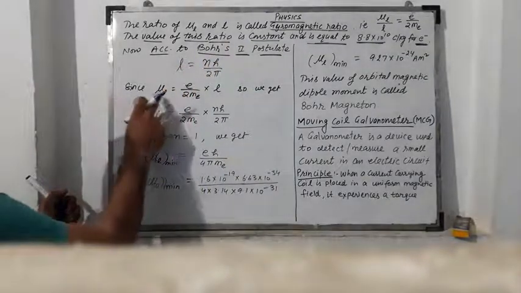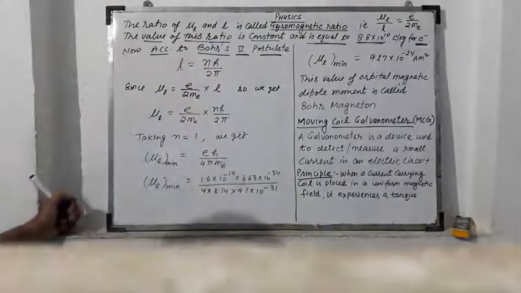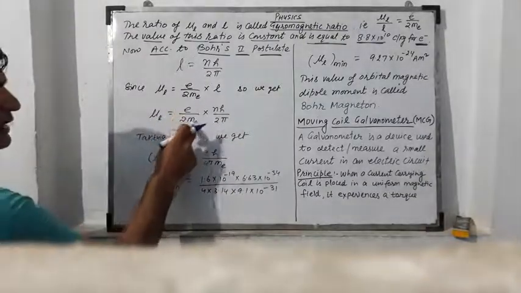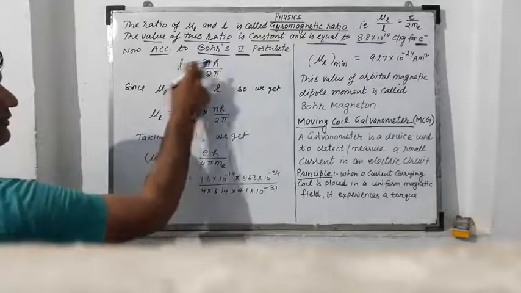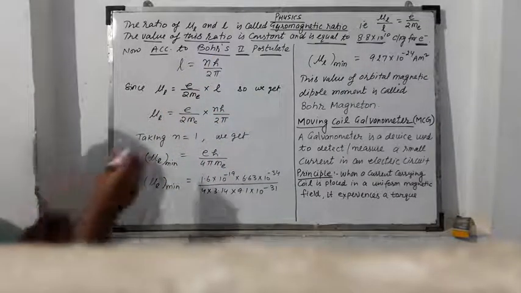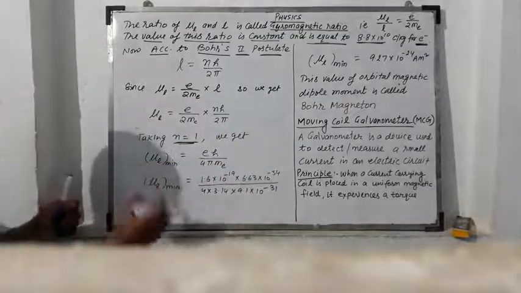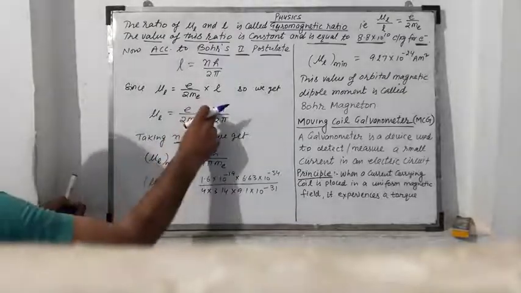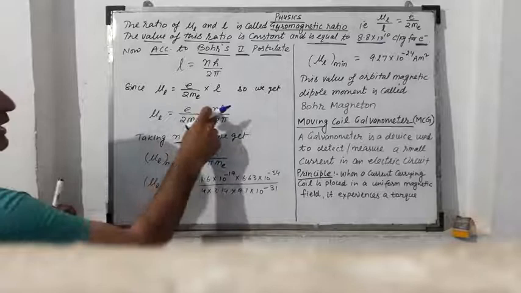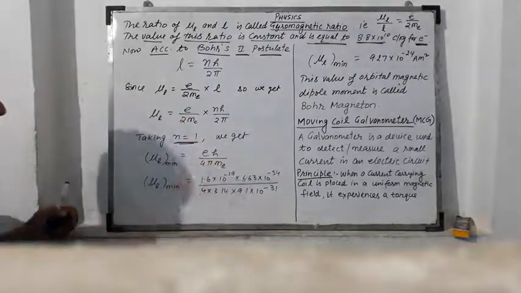Since mu_L is equal to e upon 2m_e into L, we get mu_L is equal to e upon 2m_e, and put the value of L as nh upon 2 pi. Taking n equal to 1, we get mu_L minimum, which is eh upon 4 pi m_e.